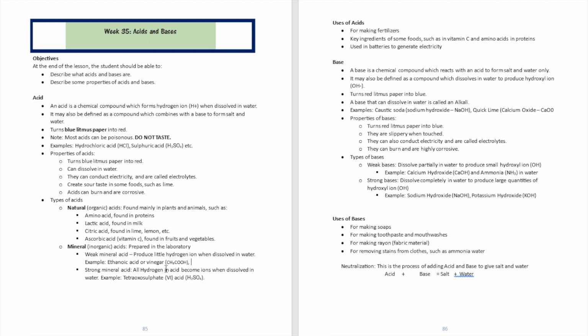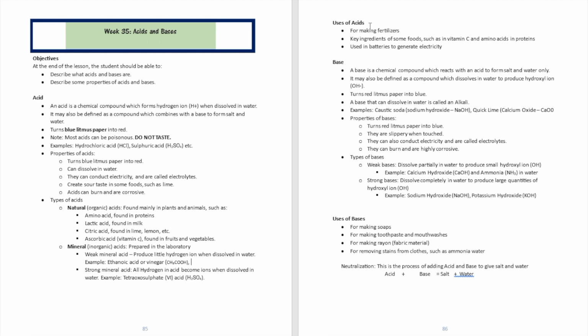And then strong mineral acids are acids that produce strong hydrogen ions when dissolved in water. A big example is tetraoxosulfate 6 acid, which is H2SO4.